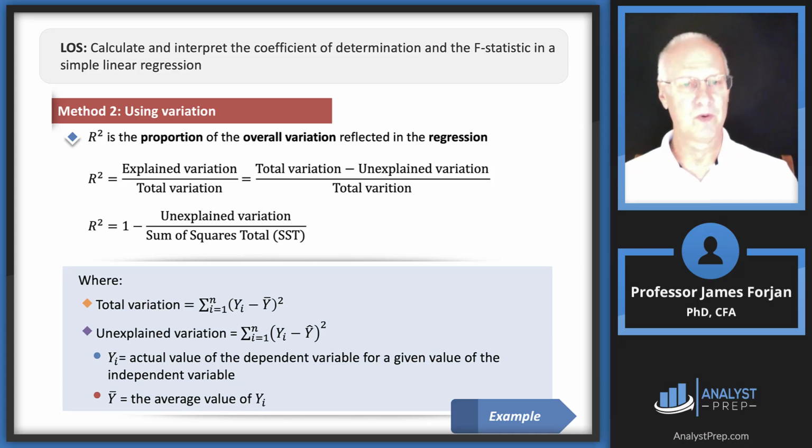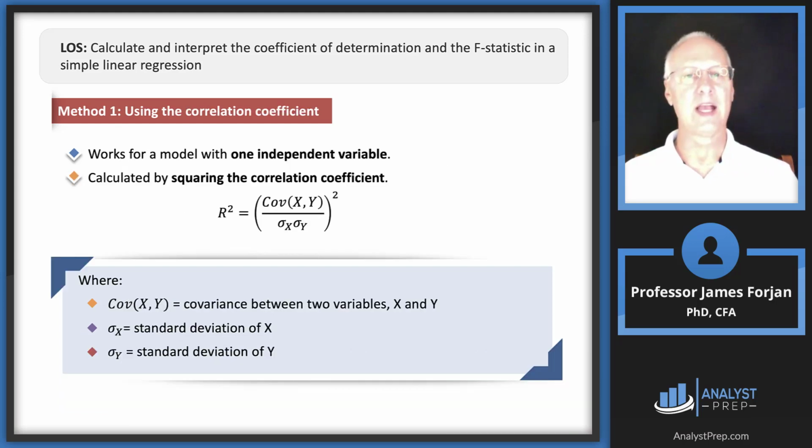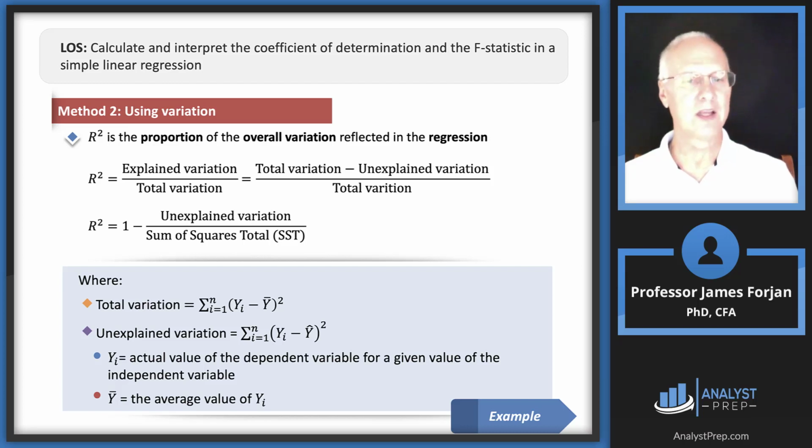Now, if you have multiple regression, which is not the emphasis of this reading, but if you do, or if the CFA Institute says something like, hey, calculate it this way, and then go ahead and calculate it the second way, just to prove that you were correct, then you should be able to use the variation here. All right, so this is a simple ratio.